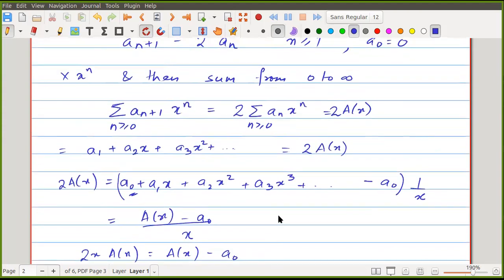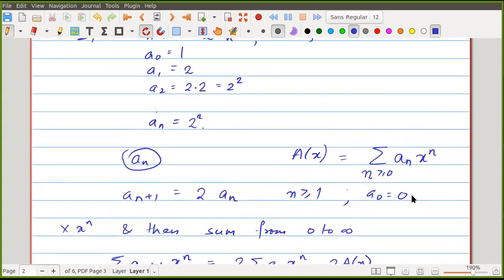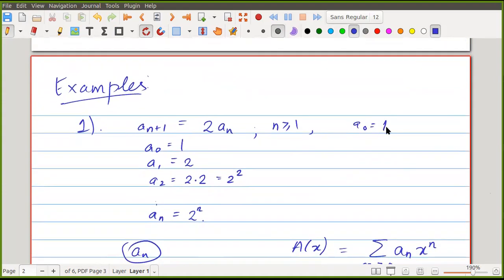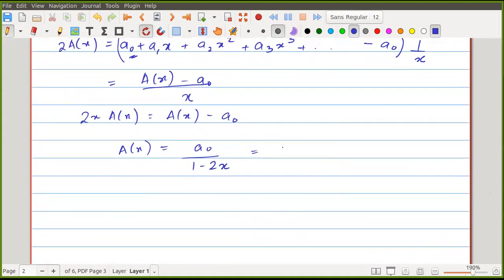And a0 was, oops, I should not have written 0, this is 1. With a0 equal to 0, this entire thing will be the 0 sequence, right? Did I make a mistake? Oh, no, okay. Here it was fine. So this is nothing but 1 upon 1 minus 2x.